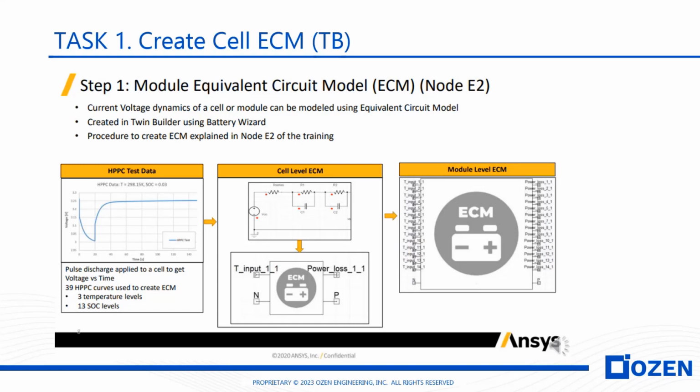Like we said, we're going to create a cell equivalent circuit model here. And we're going to do this using TwinBuilder. To make it easy, there's a battery wizard defined in TwinBuilder for this purpose. And in a couple of steps, with the provided information, I'm going to walk us through how to do it.